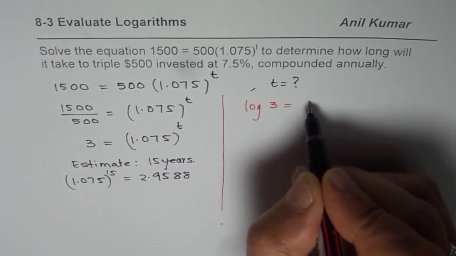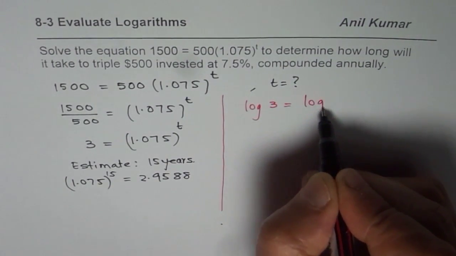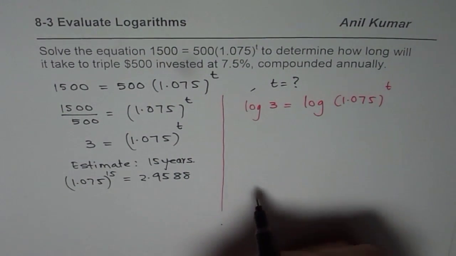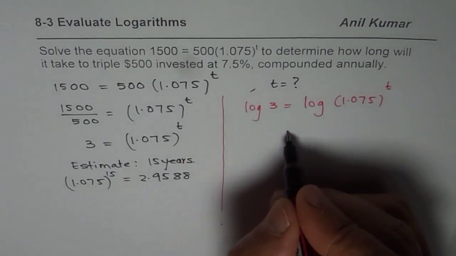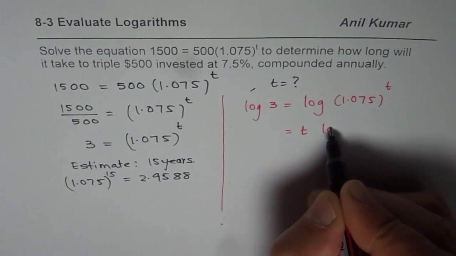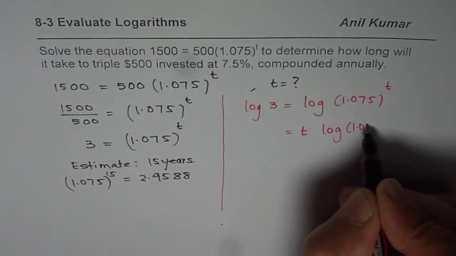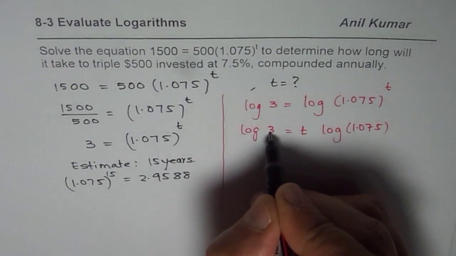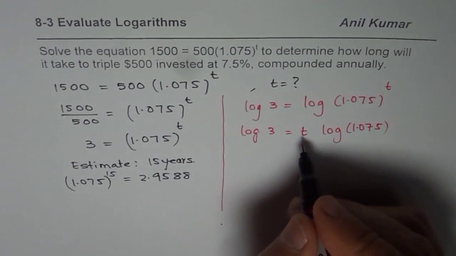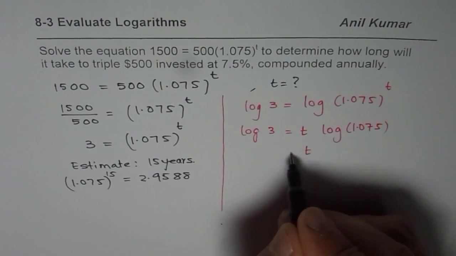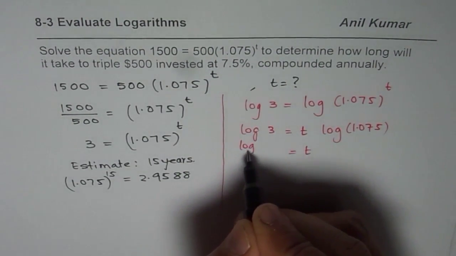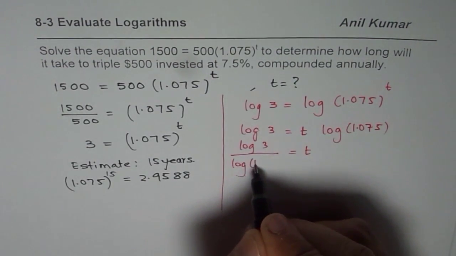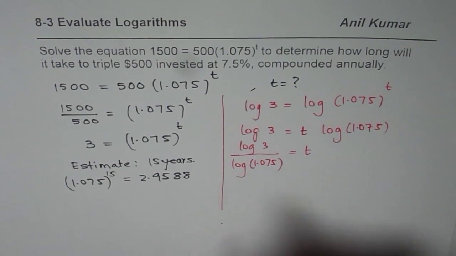So we get log of 3 equals log of 1.075 to the power of t. Now that could be written as t times log of 1.075, from the laws of logarithms, which some of you might have learned. And from here we can find the value of t as log of 3 divided by log of 1.075. Do you get the idea?